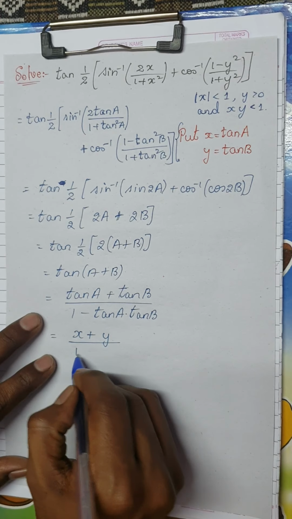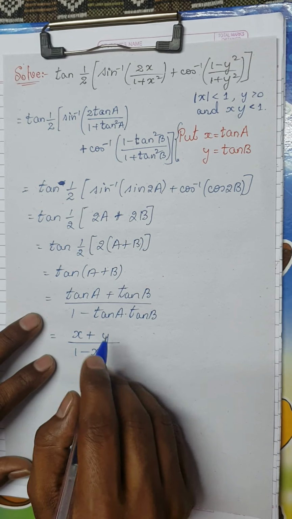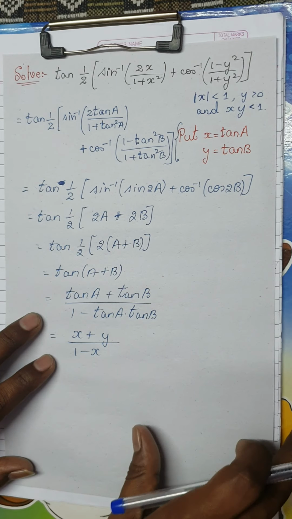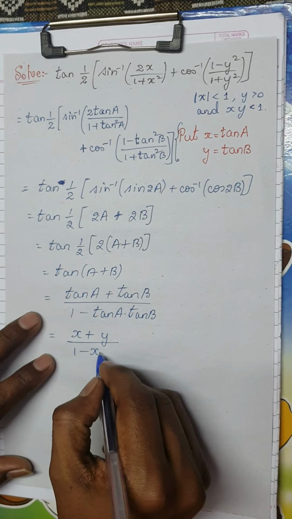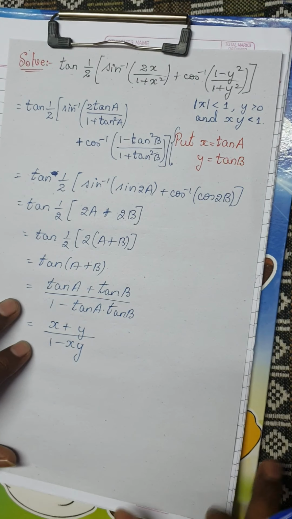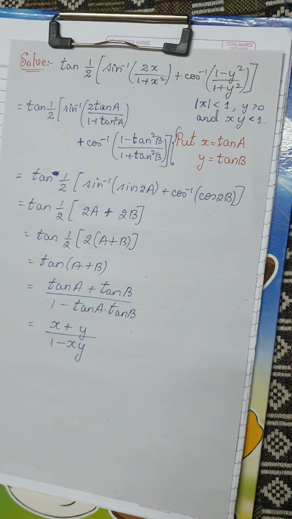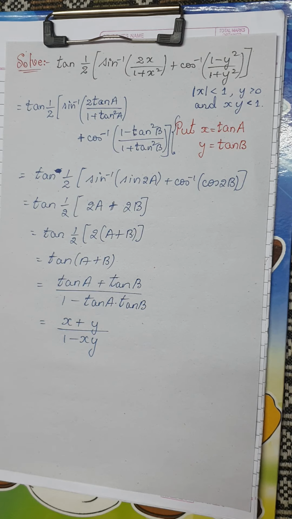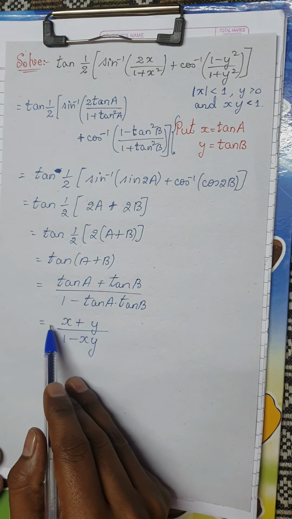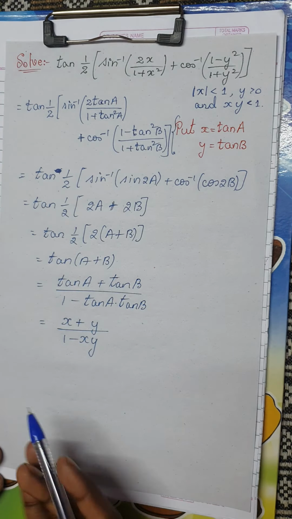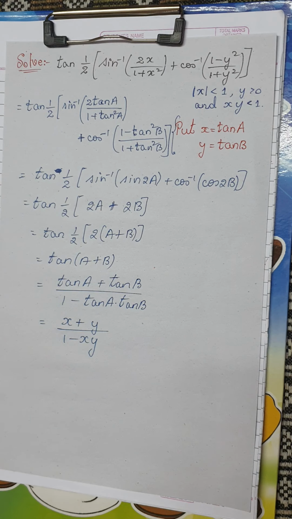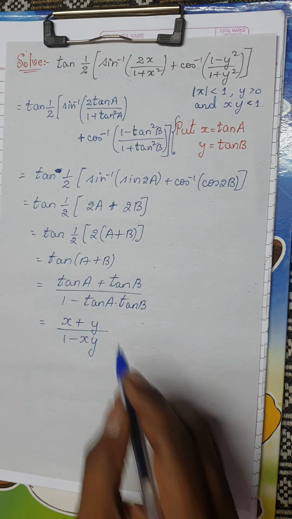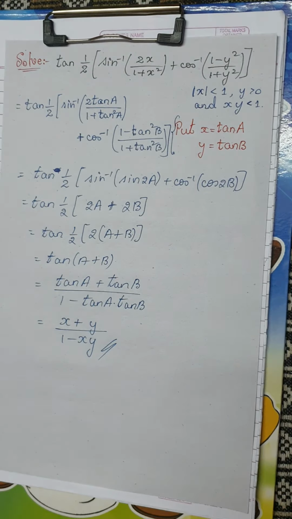So x plus y divided by 1 minus xy. So hence we got the solution, the simplified form of the entire term as x plus y divided by 1 minus xy. Okay, so this will be the solution of the above question.